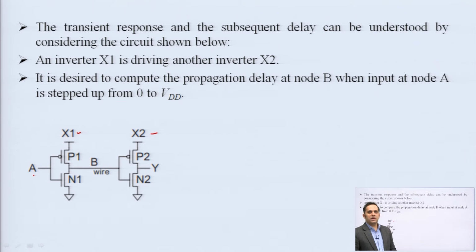For this transient analysis, our objective is to compute how much delay is introduced at node B when A is stepped up from 0 to VDD. VDD is generally a plus 5 volt power supply. So, initially when A is at 0 ground voltage and it is pumped up to some positive voltage, after how much time the logic state of B changes, that is the propagation delay.